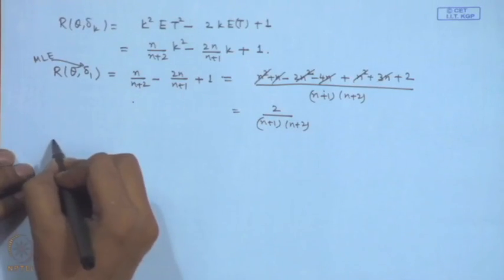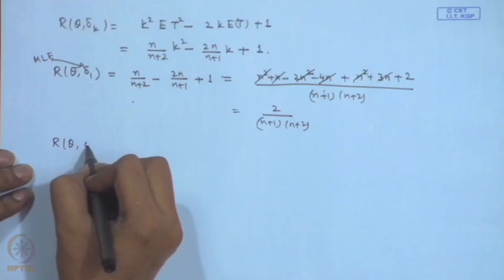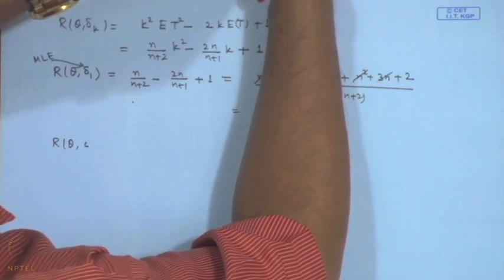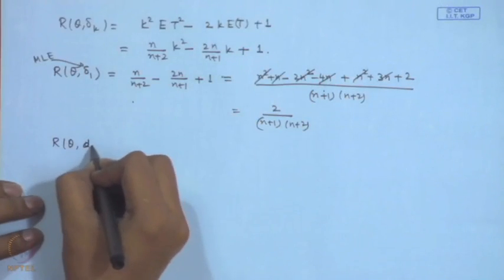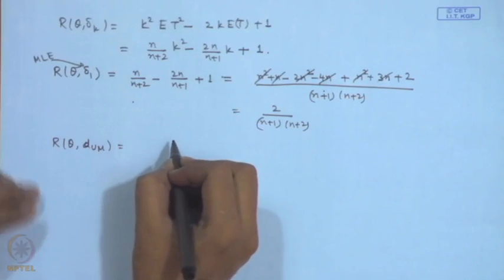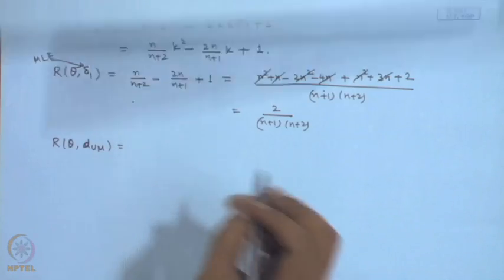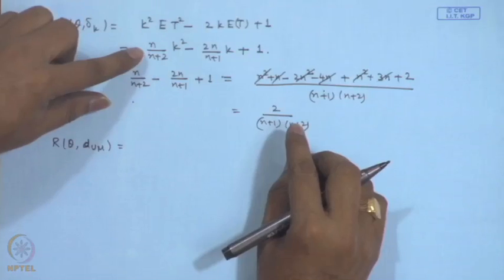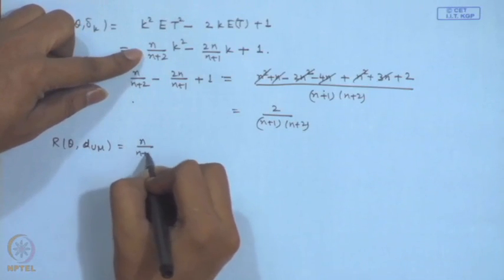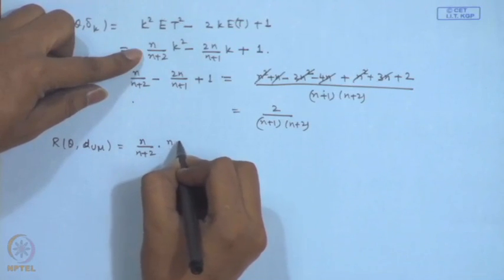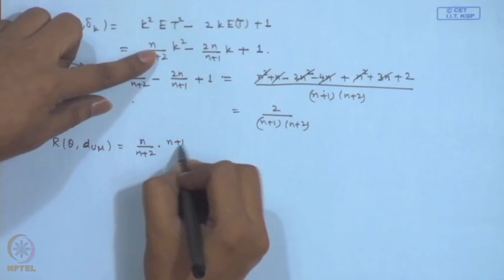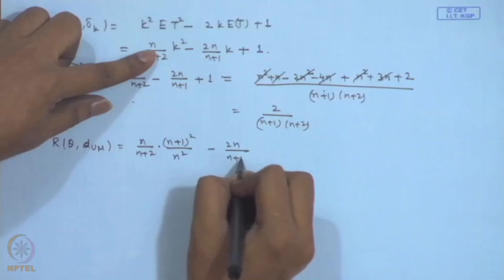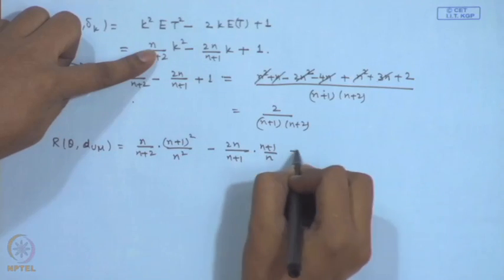If we look at the risk of the unbiased estimator, the minimum variance unbiased estimator, it is obtained by the value k equal to (n+1)/n here. So, if we substitute that, we get n/(n+2) times (n+1)²/n² minus 2 n/(n+1) times (n+1)/n plus 1.